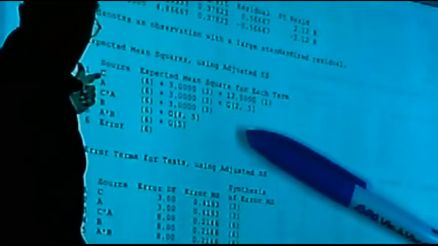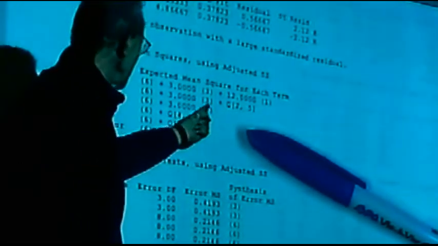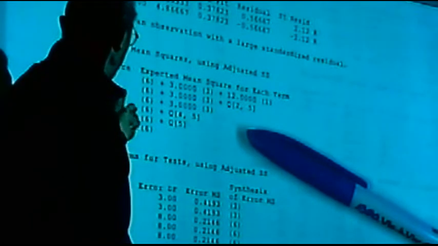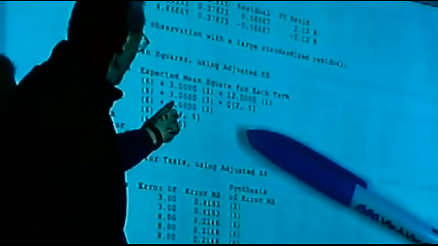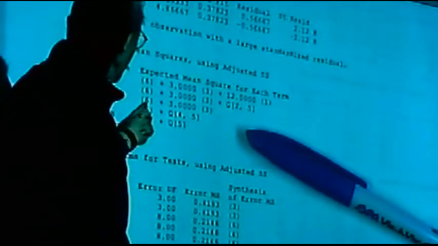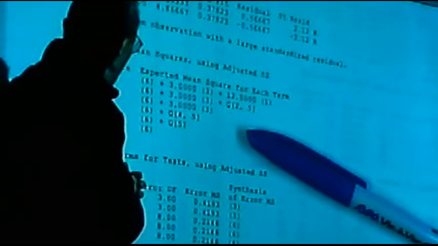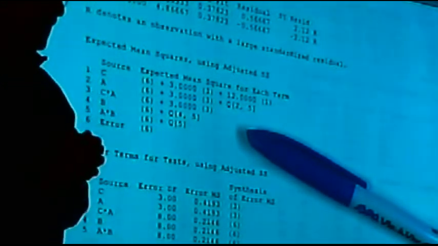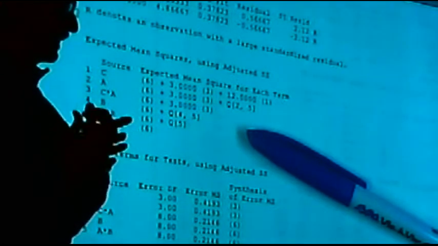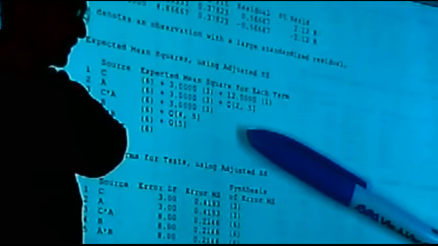And for testing about A in particular, looking at its expected mean square, the denominator would be this CA interaction from the piece we're seeing right there. So we can see in this expected mean square view of things that we've been used to in other examples, we're getting the same kind of answer as the standard one in our split plot experiments.